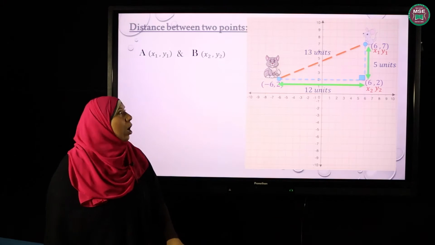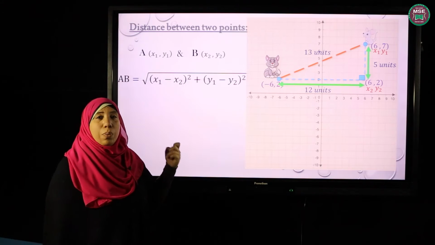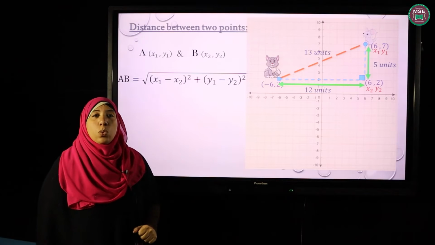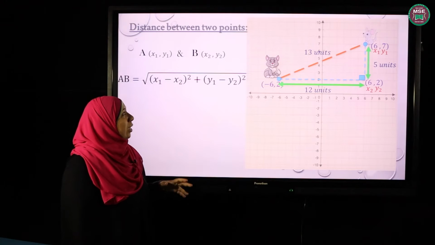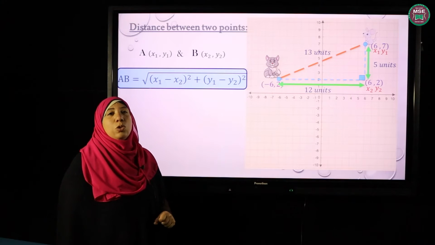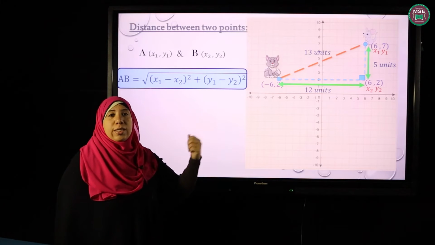This is our rule. The rule here is the square root of x1 minus x2 power 2 plus y1 minus y2 power 2. So directly I can use this rule to find the distance between 2 points. Not every time I will make all these steps.